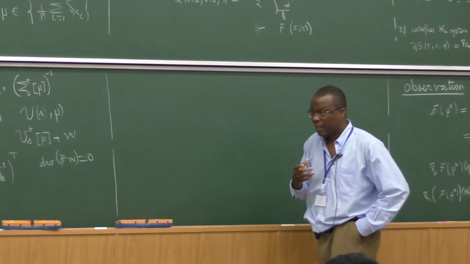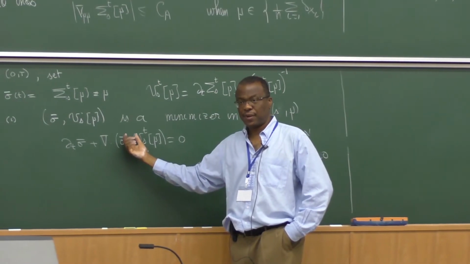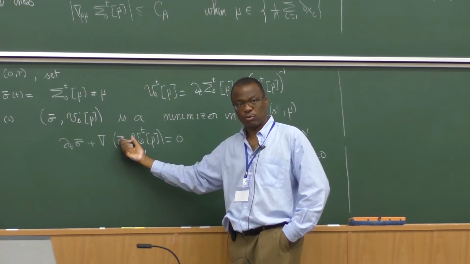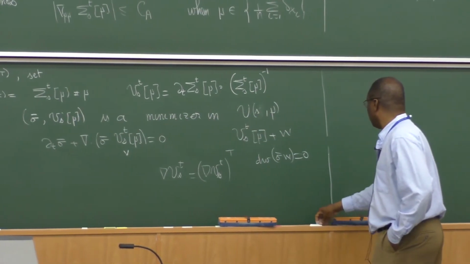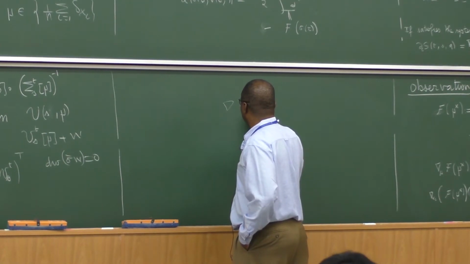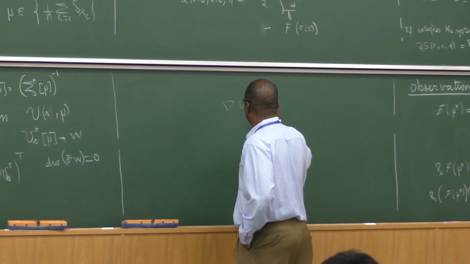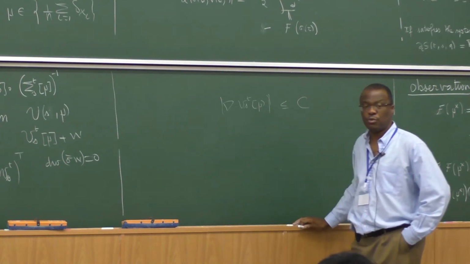Now you will need to worry and say, what if my sigma t is not absolutely continuous with respect to Lebesgue? What you know is the gradient of a VST mu will be bounded by a constant which is independent of mu.